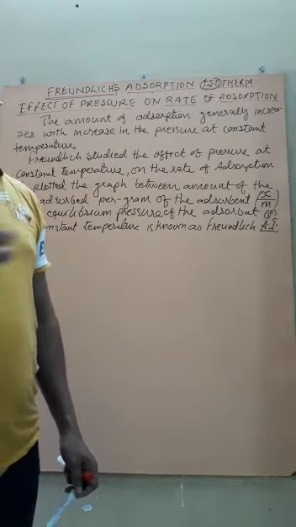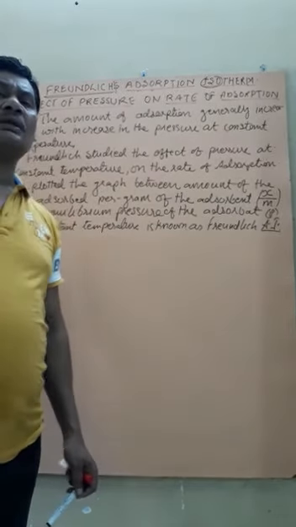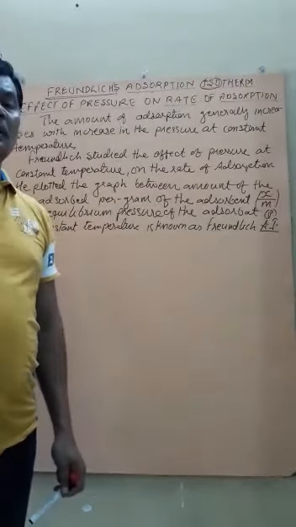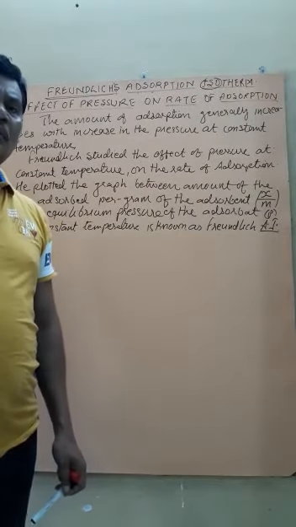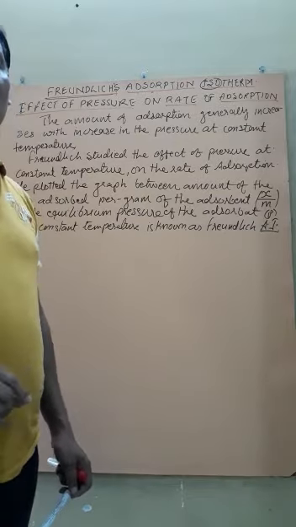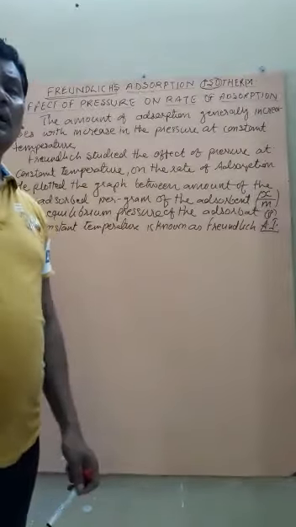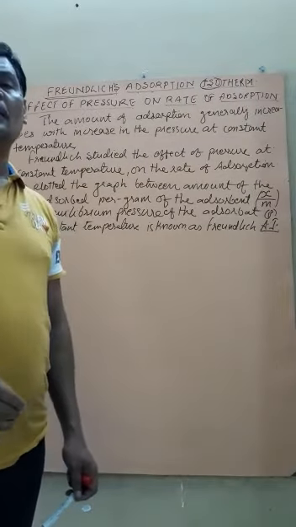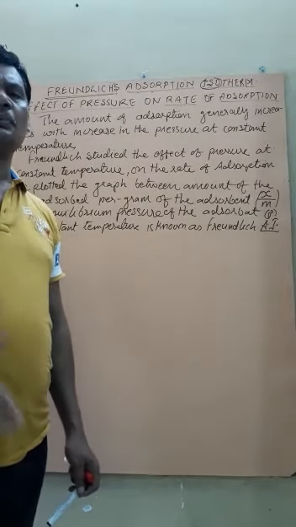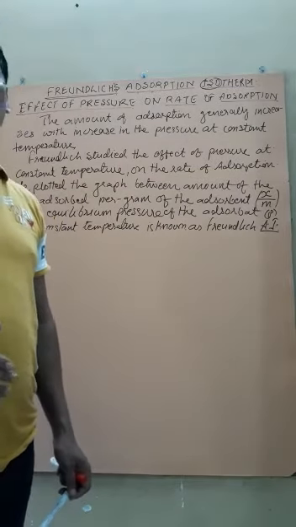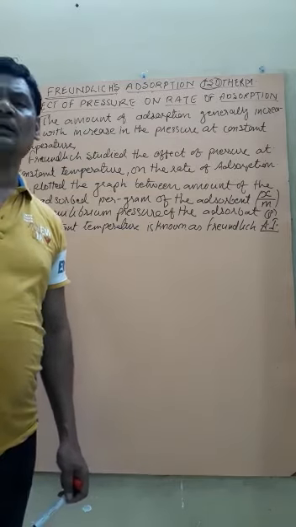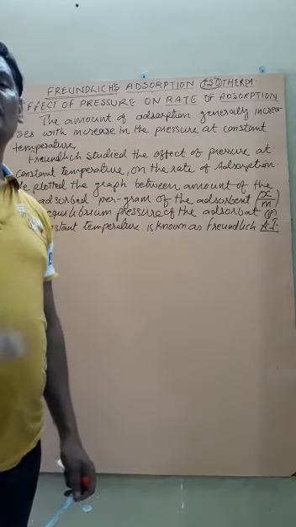But after some time, that is after some more intermediate pressure, the rate of adsorption will be a little lesser. There will be an increase but a little lesser. And if the pressure is very high, then the equilibrium will be attained between adsorption and desorption. This is called equilibrium pressure. At this equilibrium pressure, there will be no adsorption.